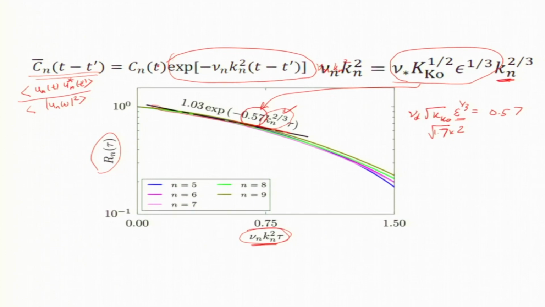The solution does not look like this exponential part. Why? This is the real solution we got. If it were exponential, then it should be a linear function. This is a semi-log y plot, and it is linear in that part. It is not for all scales. This is my point. Why is it not? So this is the RG equation, the RG nu n does not work for all times.